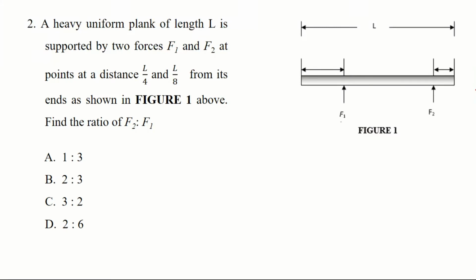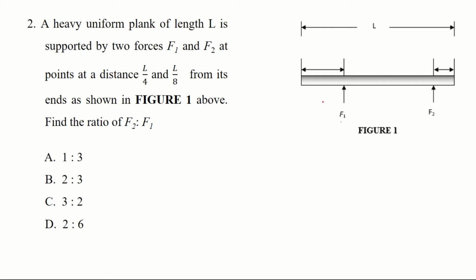A heavy uniform plank of length L is supported by two forces F1 and F2 at points at a distance L per 4 and L per 8 from its ends, as shown in figure 1. Find the ratio F2 to F1.